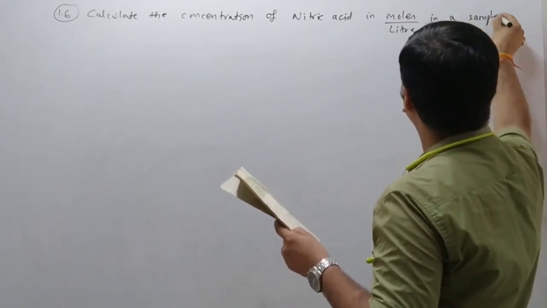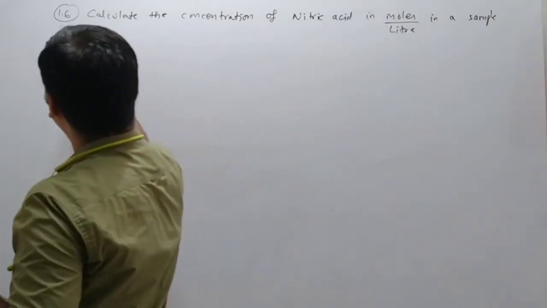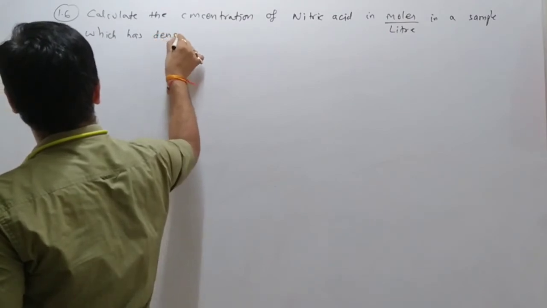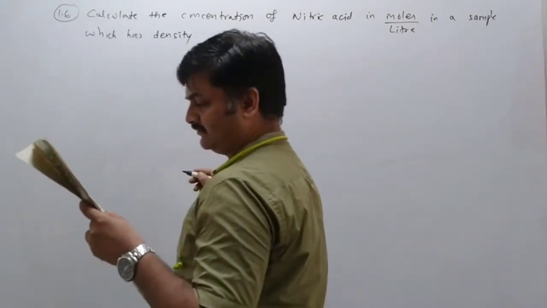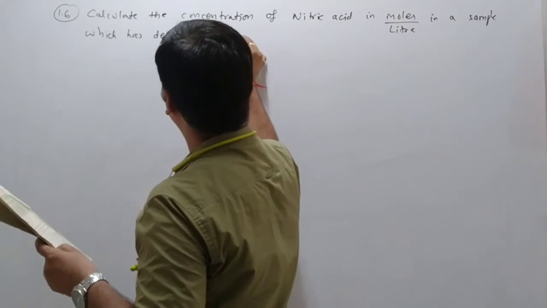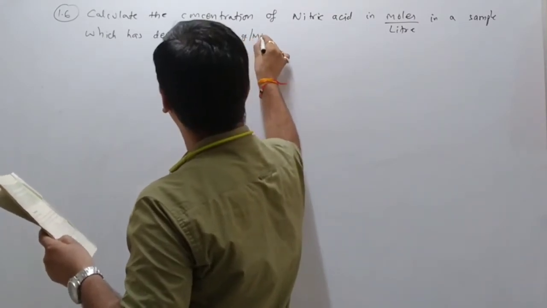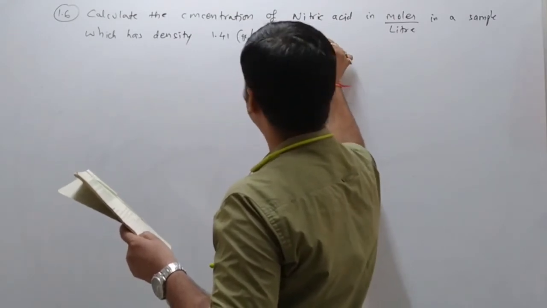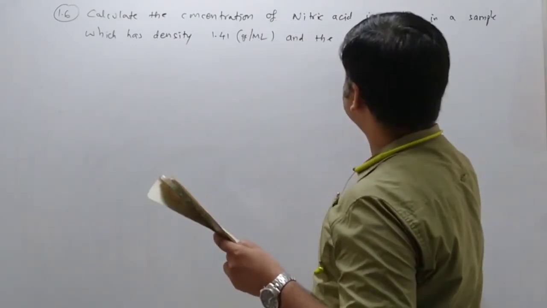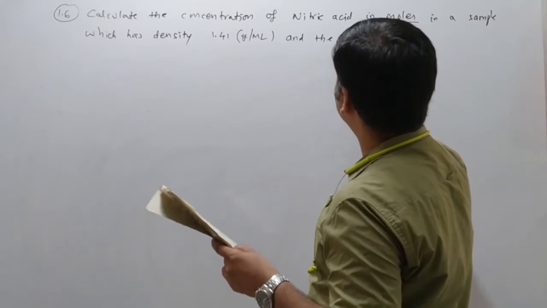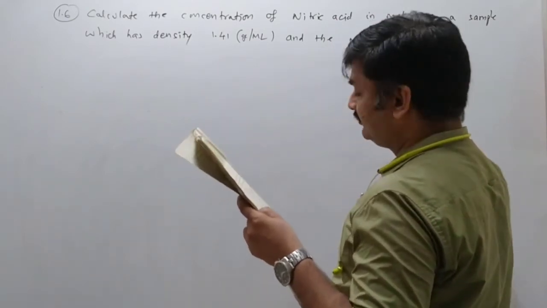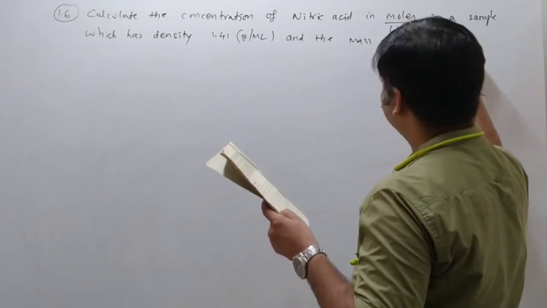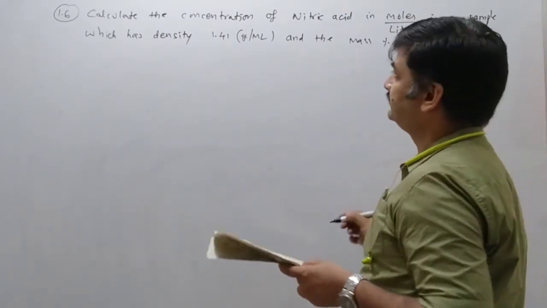In a sample which has density 1.41 gram per ml and the mass percent of nitric acid, that is HNO3, is 69%.